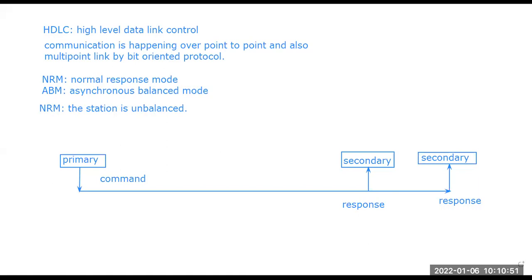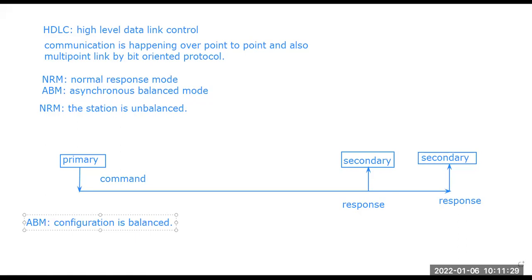Now we are talking about the next part, that is ABM, asynchronous balanced mode. In ABM, the configuration is balanced. There is a point to point connection, and each station can function as a primary or as a secondary.